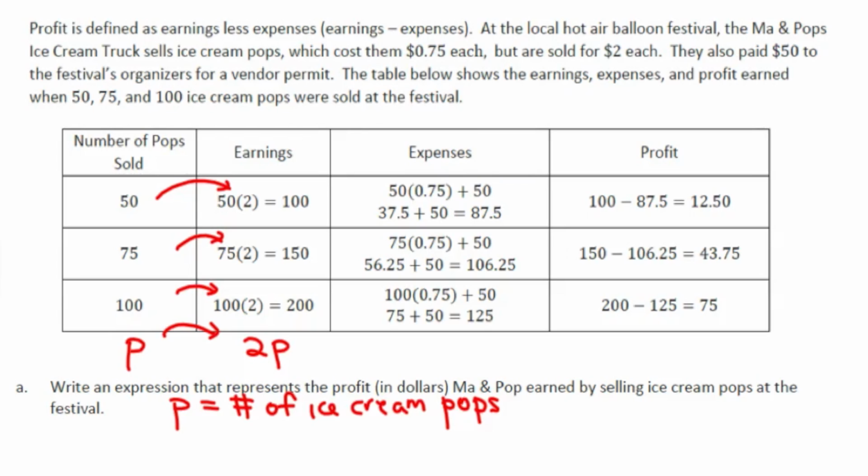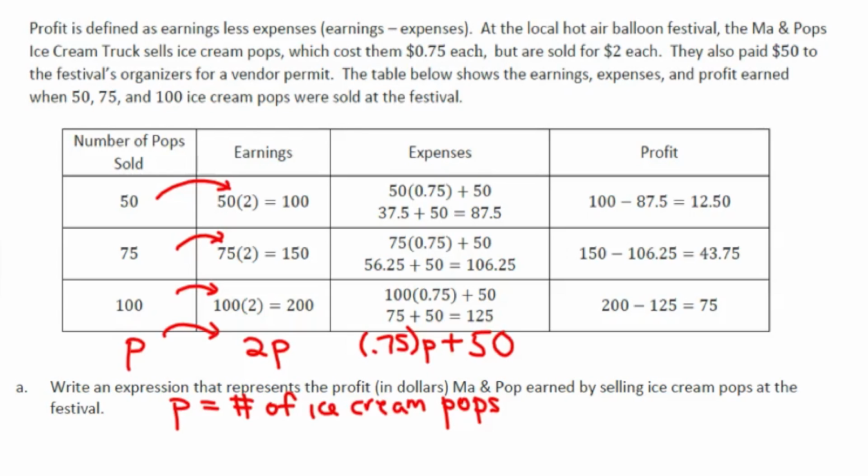But then the expenses: we still have to pay the $50 for the vendor permit, plus we have to pay 75 cents for each of the P ice cream pops.